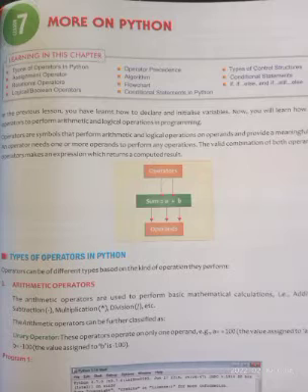The arithmetic operators can be further classified; the first one is the unary operator. Unary is like a = a + 100. It is applied to only a particular variable.